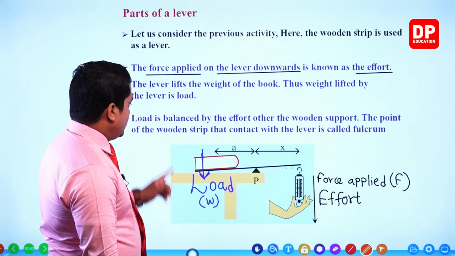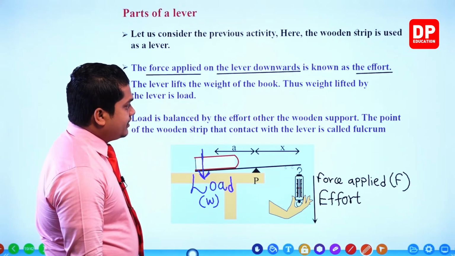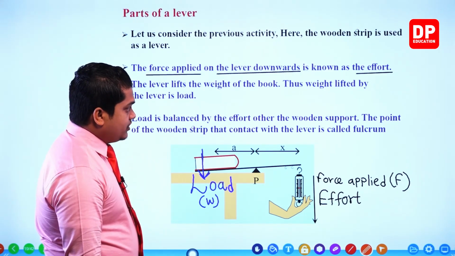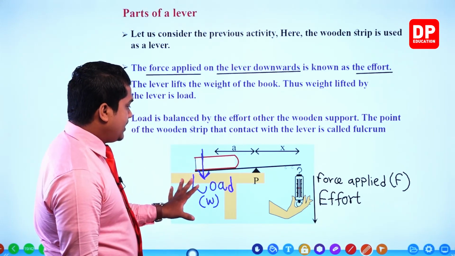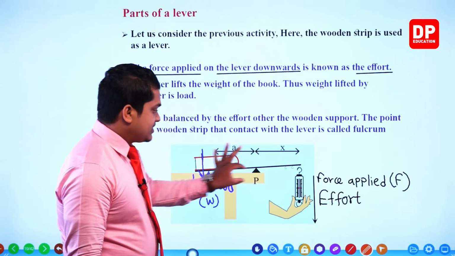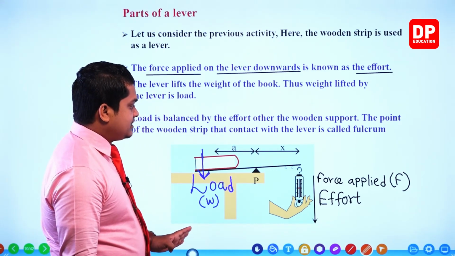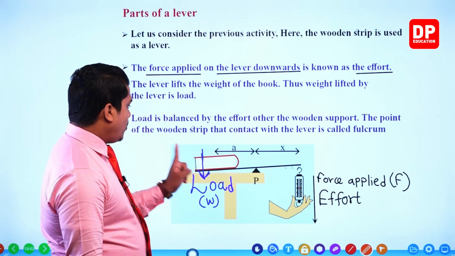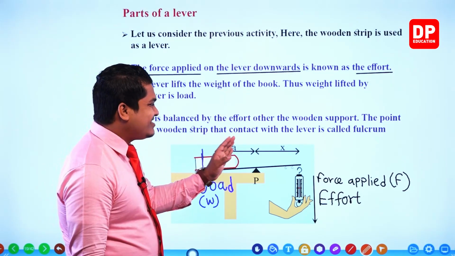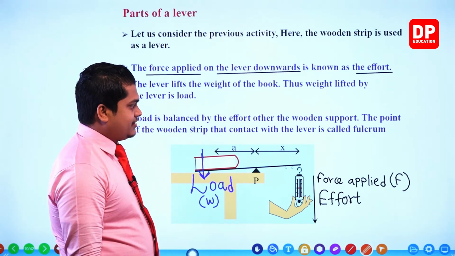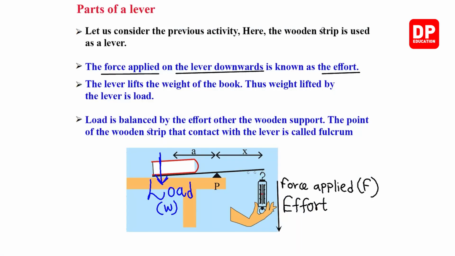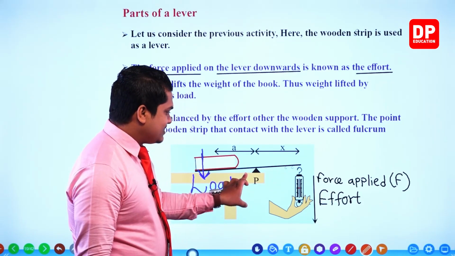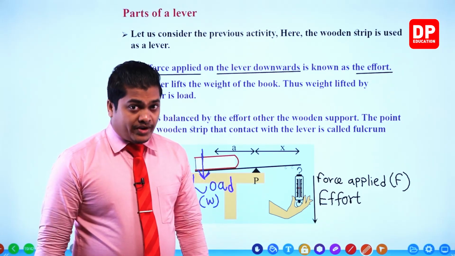Now you know that at the wooden support the load is being balanced by the effort. The lever is getting contact with a certain point, which is the wedged point, my dear children.